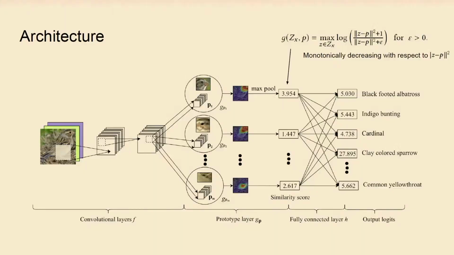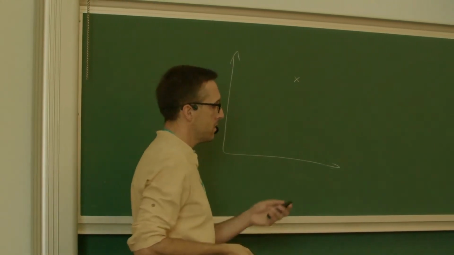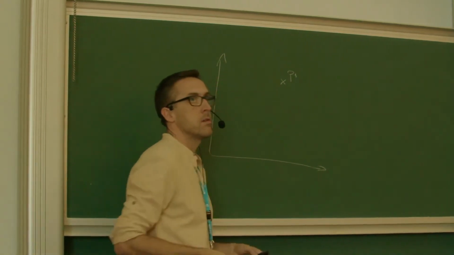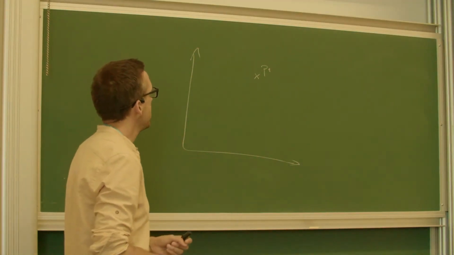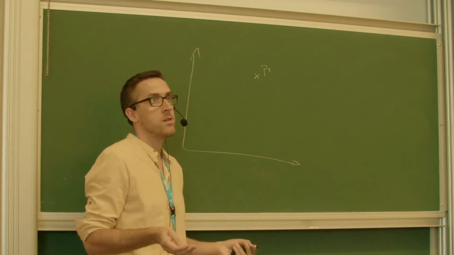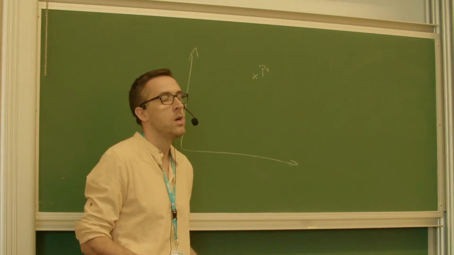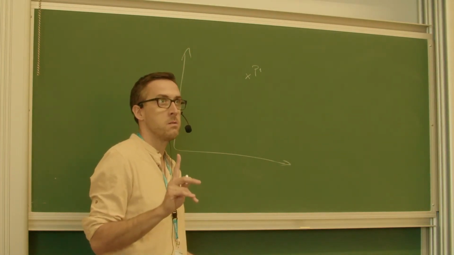When the network is trained, you have a latent space, and here is your P1. This is a vector in the latent space. Here's your P1, but of course, it was trained together with the other parameters of the network, so it does not correspond to any patch yet.